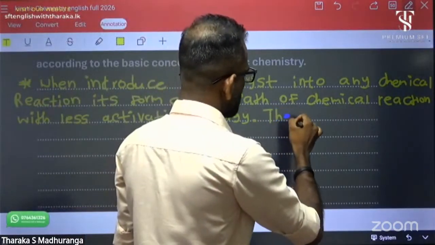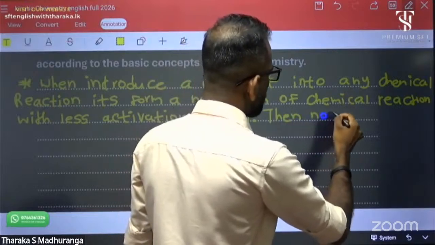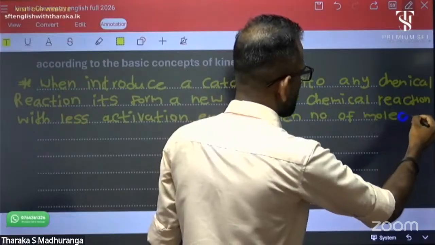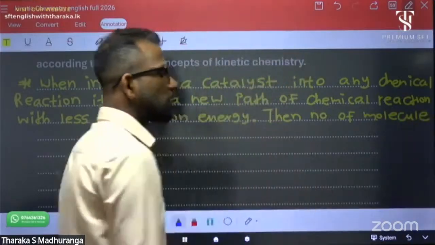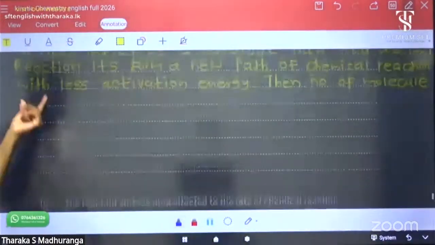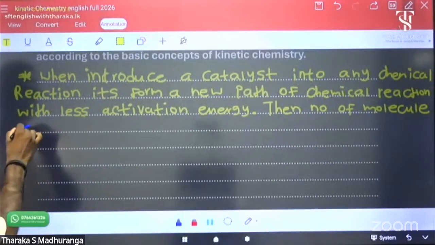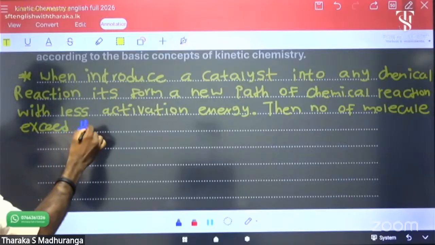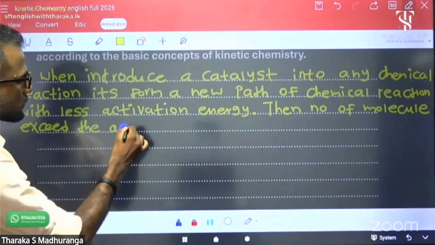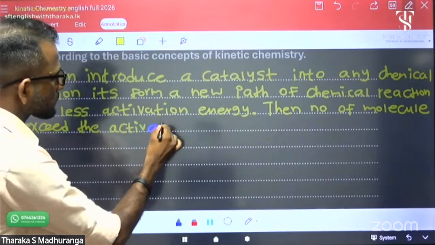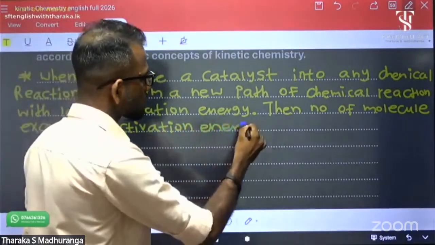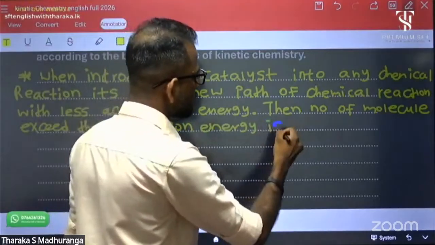Then the number of molecules exceeding the activation energy is increasing.